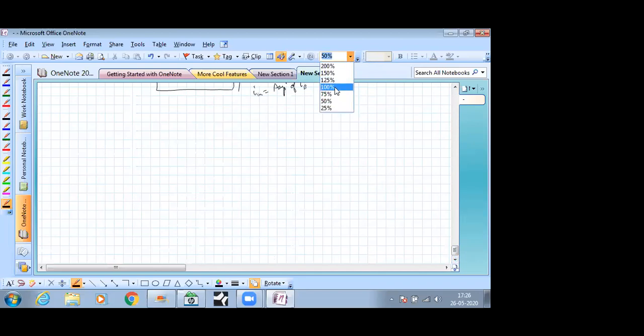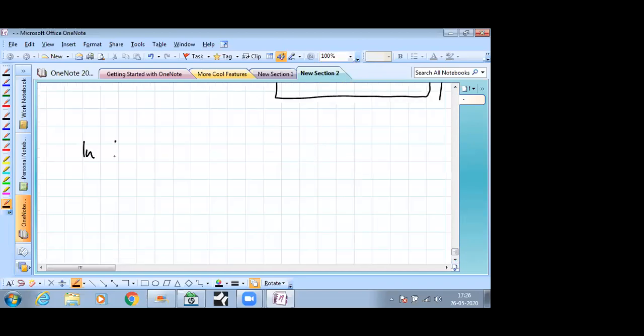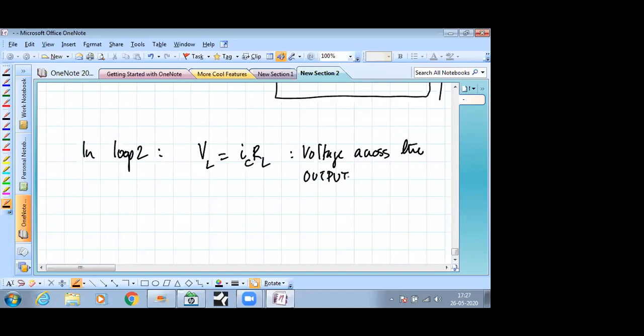So in loop 2, voltage across the load resistor, that is IC into RL. This is the voltage across the so-called output device, because the load resistor is the output device for the circuit.